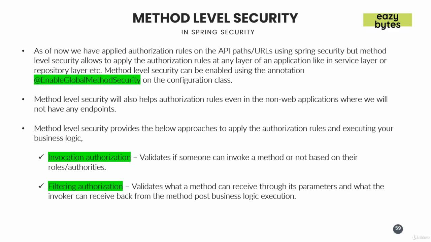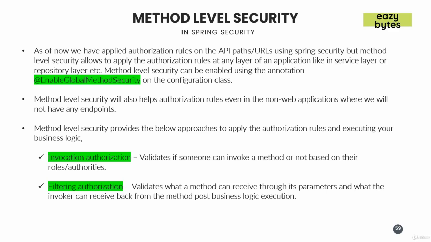One is invocation authorization: based upon the rules that you configured, the Spring Security Framework will decide whether this method has to be invoked or not. If there are any issues, like a certain user or certain condition is not satisfied, then the method invocation will be stopped and a forbidden error will be sent back to the user.